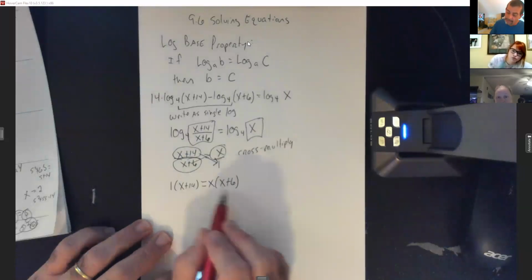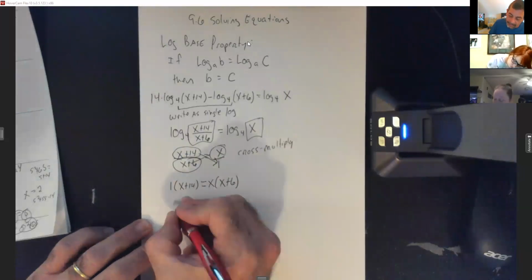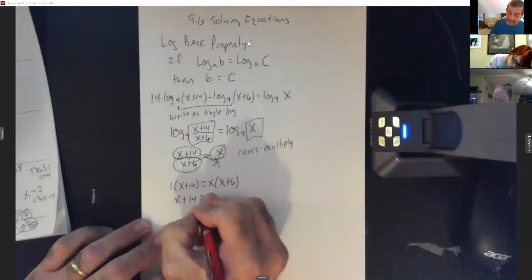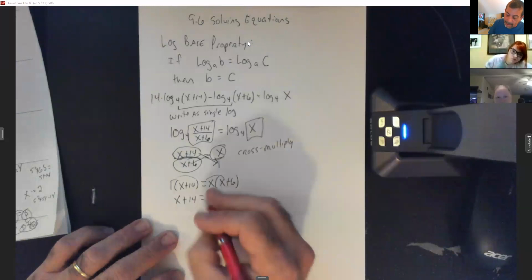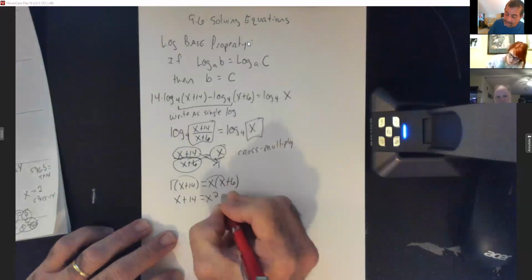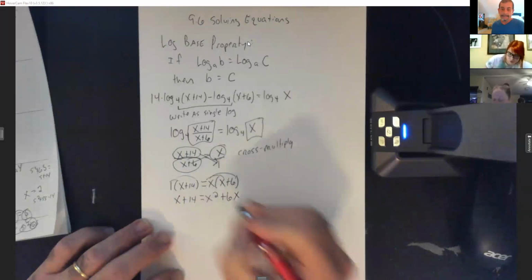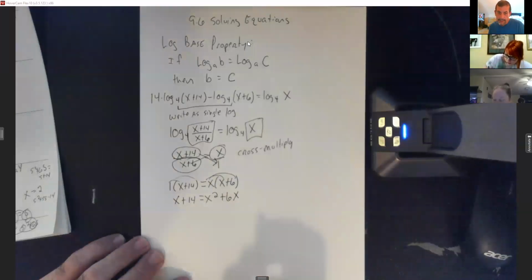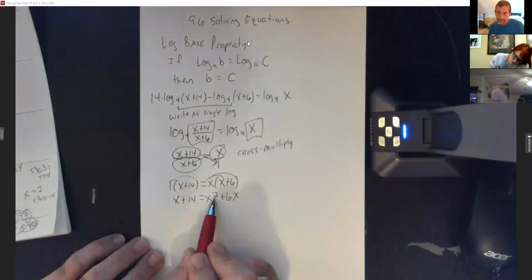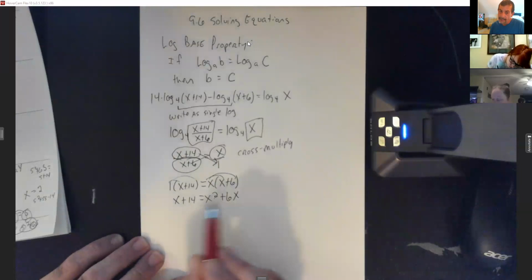Now I'm going to distribute so that I get an x plus 14 on the left side when I distribute the 1. Right side will give me an x squared plus 6x. So I see the x squared term in here, which means it's going to end up being quadratic. So I need everything on one side equal to 0.